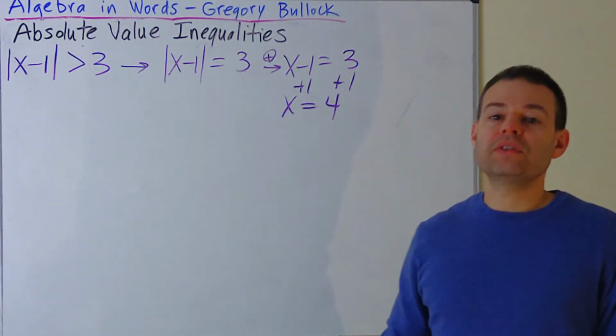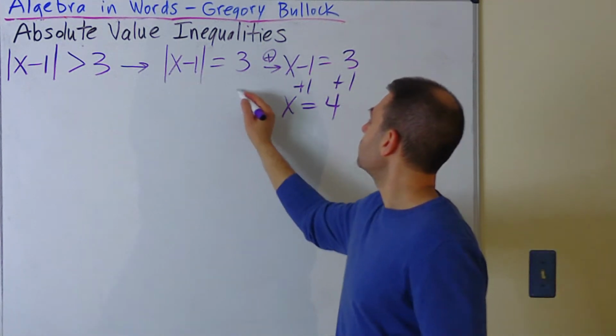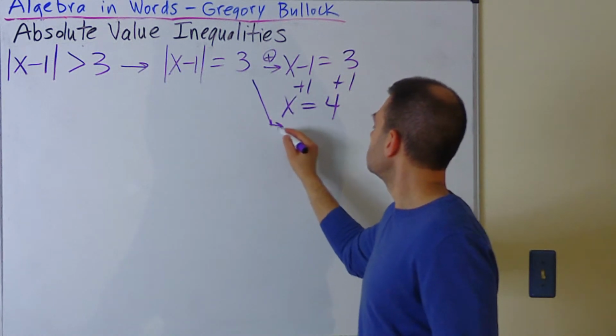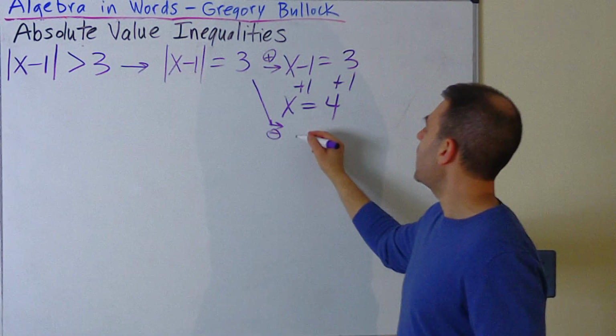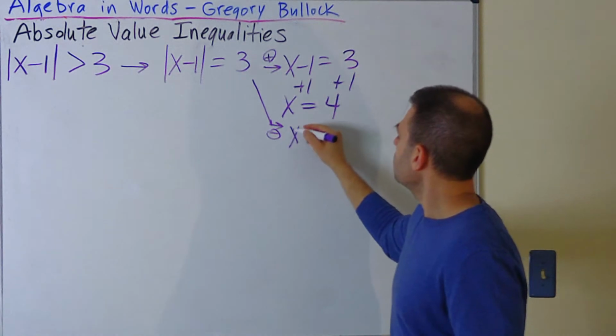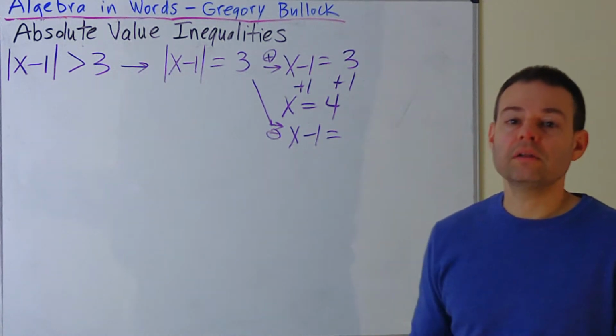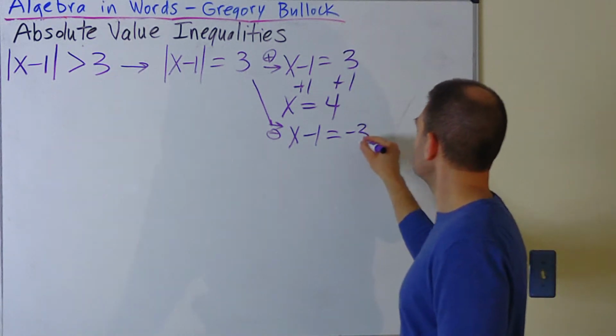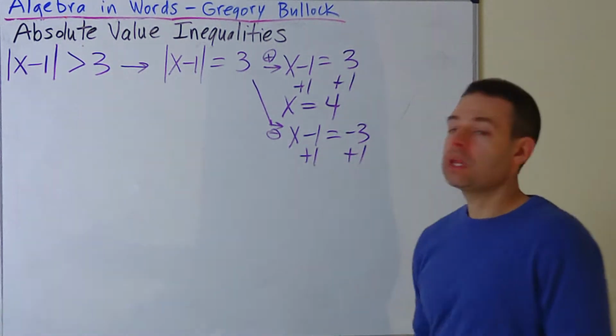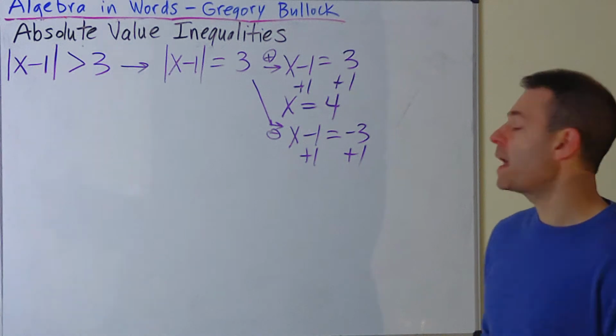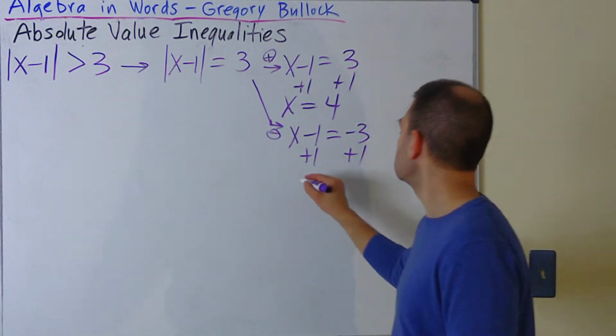And now let's do the negative form down here. So we're going to have x minus 1 equals now negative 3. Plus 1, and we get x equals negative 2.